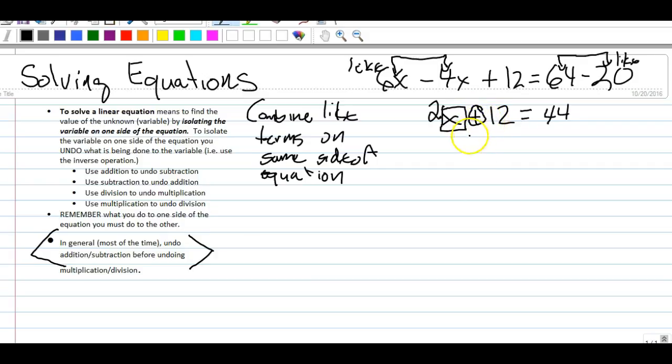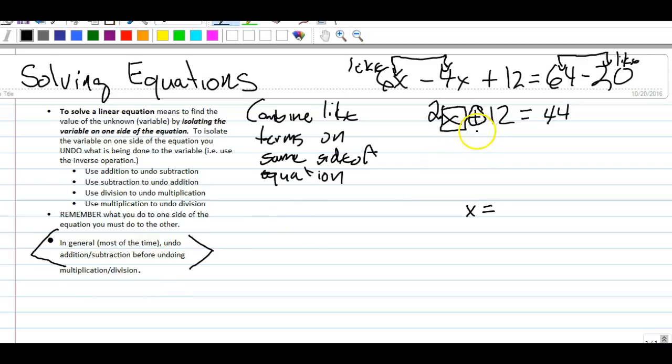So in order to isolate the x on one side of the equation, I need to get rid of this factor of 2 and also the plus 12. Now, in general, we undo the addition and or subtraction before we undo any multiplication or division.